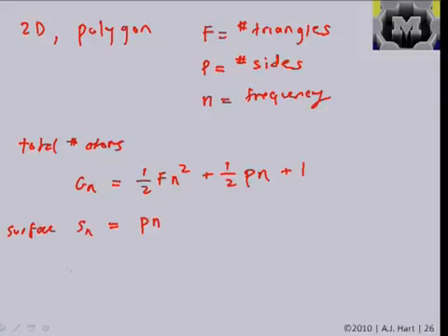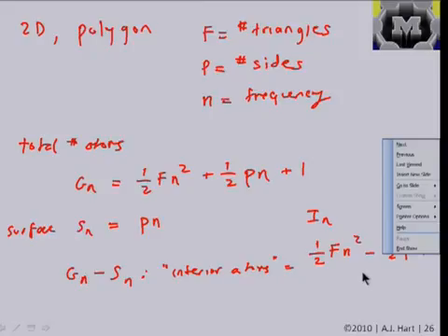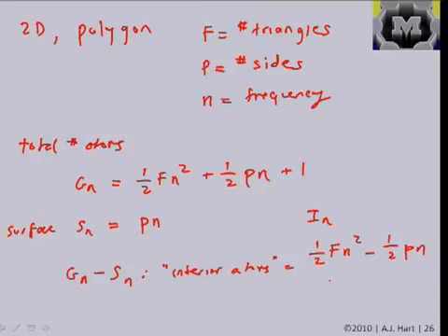And then if we take G and subtract S, we get the number of interior atoms, which we'll call capital I sub n. Subtracting G minus S, we get 1/2 F n squared minus 1/2 P n, and then we retain the plus 1.